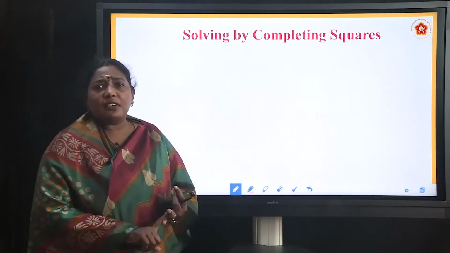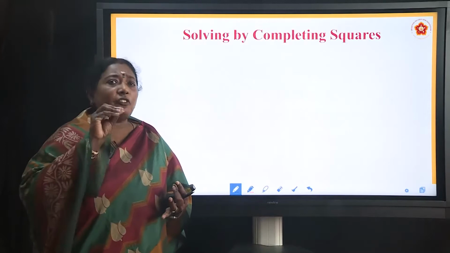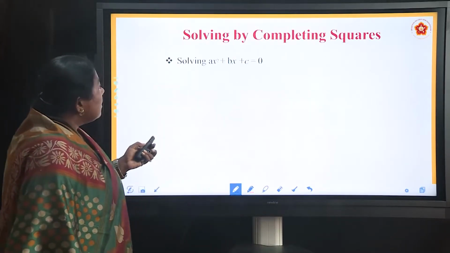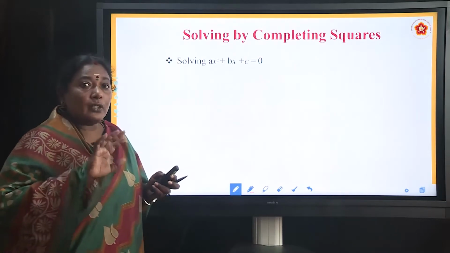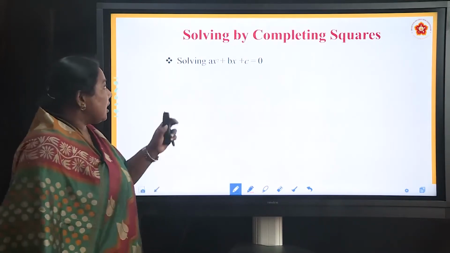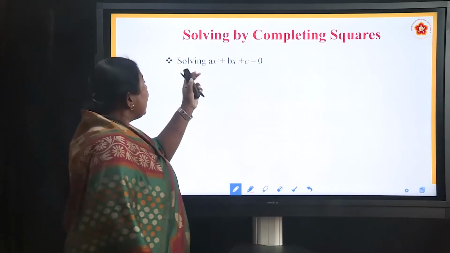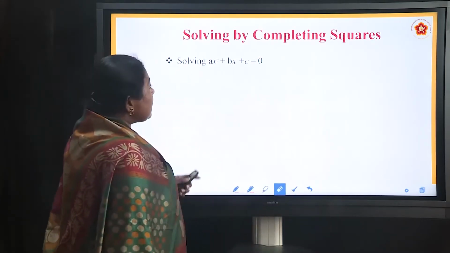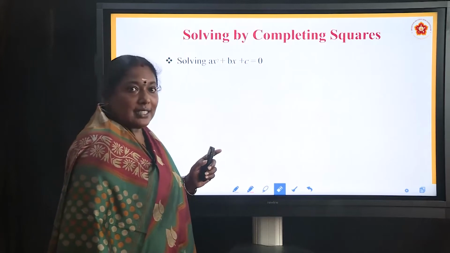It is a very easy one. Just with 5 steps we can solve the equation. First we solve with the general equation. The general standardized equation is ax square plus bx plus c equal to 0.